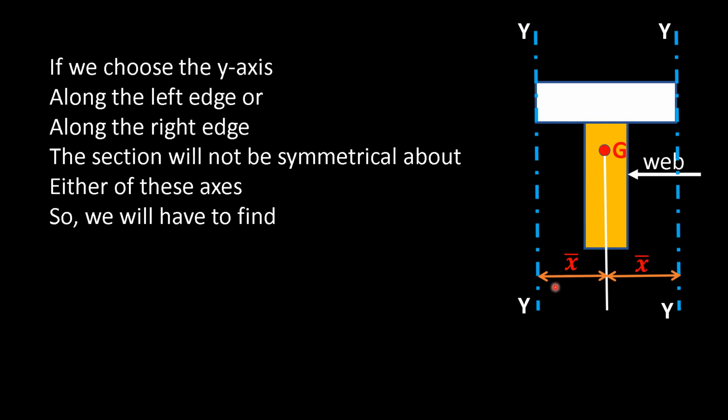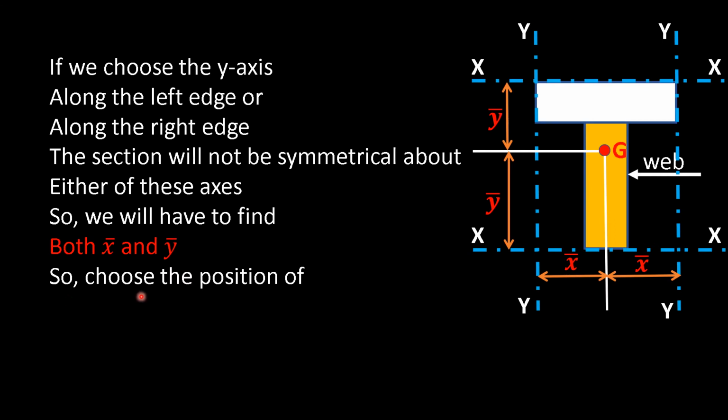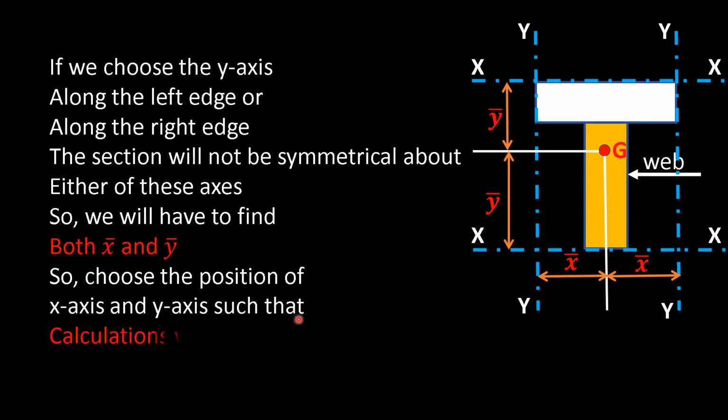X bar from left y-axis or x bar from right y-axis, and y bar from top x-axis or y bar from bottom x-axis. So choose the position of x-axis and y-axis such that calculations will be minimized.